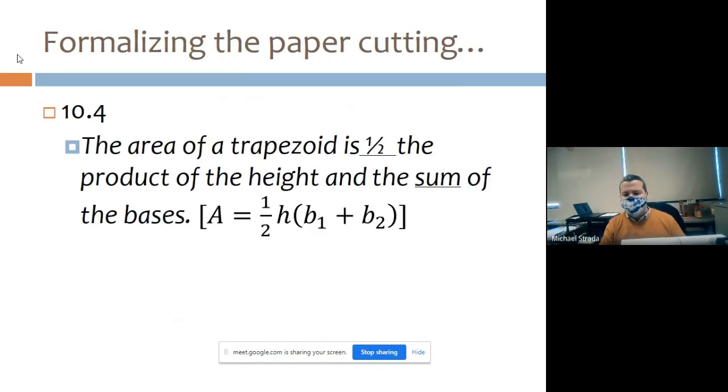The area of a trapezoid, you got to jot that down, is 1/2 the product of the height and the sum of the bases. Area equals 1/2 height, B1 plus B2. That's the one you're going to want to add at the end.